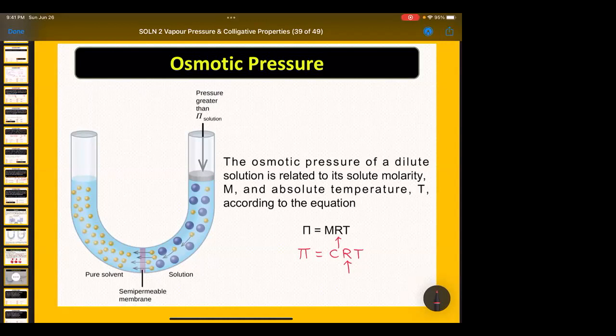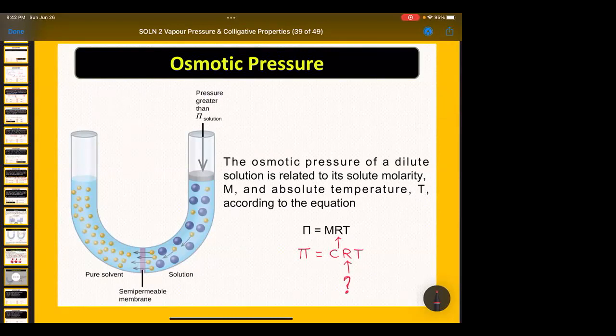Yeah, Mehraj, tell me. Sir, the question. Yeah, what is the value of R? 8.314 joule per Kelvin per mole. Yeah, the value of R which you said is correct, but that you are not going to put. That is used in thermodynamics.